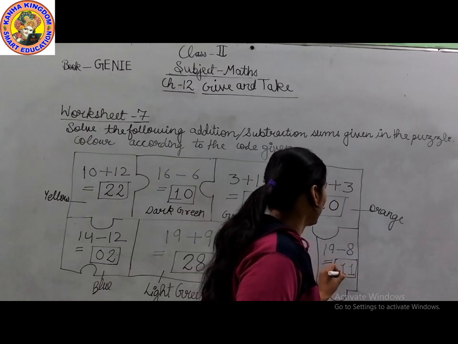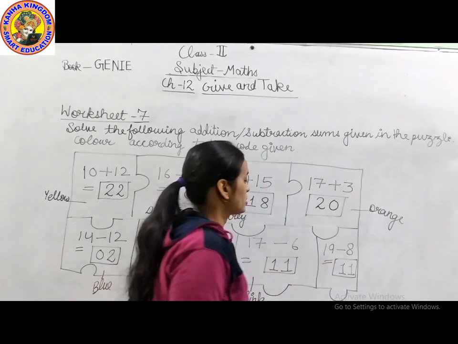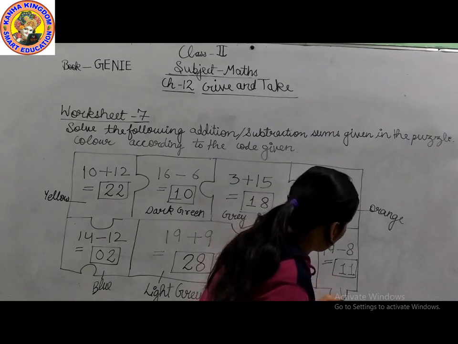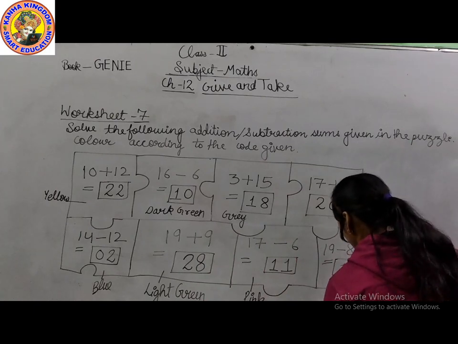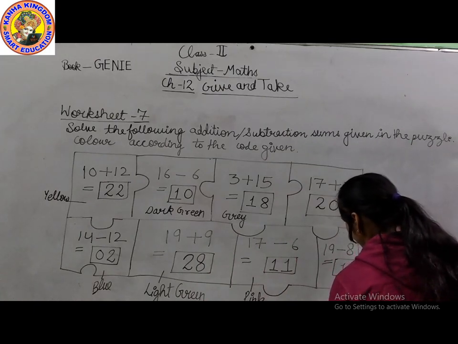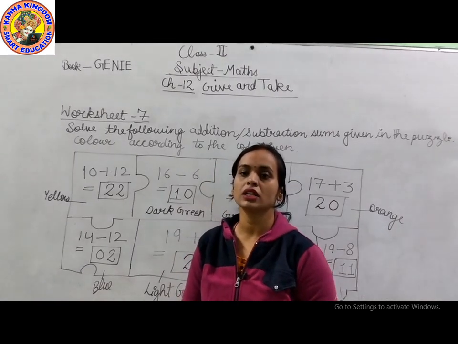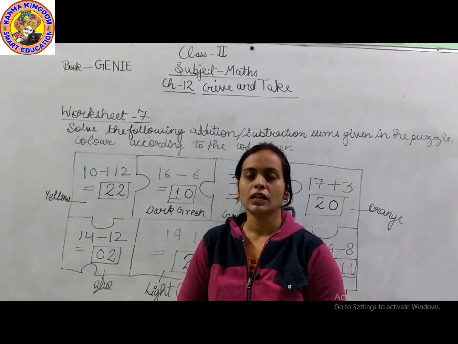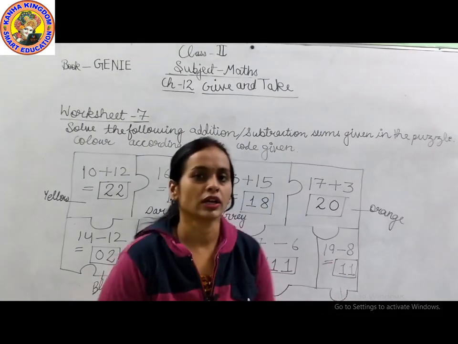Bring down 1, write here 1 at the tens place. So color code of 11 is again pink. So fill pink color in this puzzle. Okay. Rest all the puzzles. First you add and subtract, then fill the color using the color code. Okay.